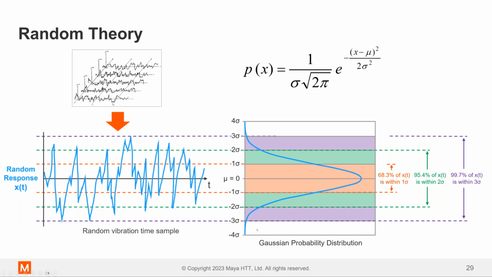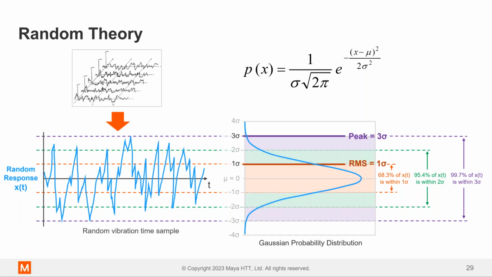If you have a Gaussian probability distribution, and the equation might look like this, when we're talking about RMS and peak values, what we're really saying is that RMS is your 1 sigma, and over that time history of acceleration data, 68.3% of it is within this 1 sigma range. And then you go 2 sigma and then 3 sigma, where 99.7% of all this time history falls within the 3 sigma range.